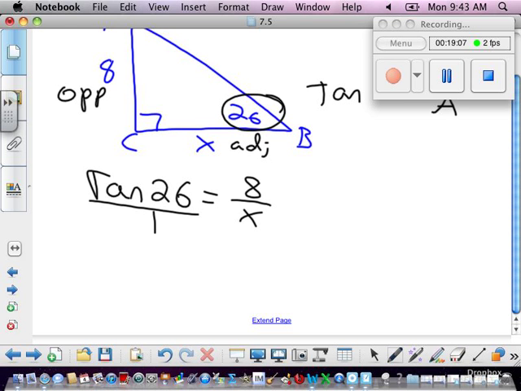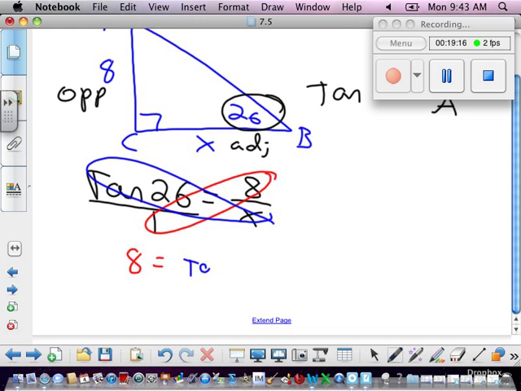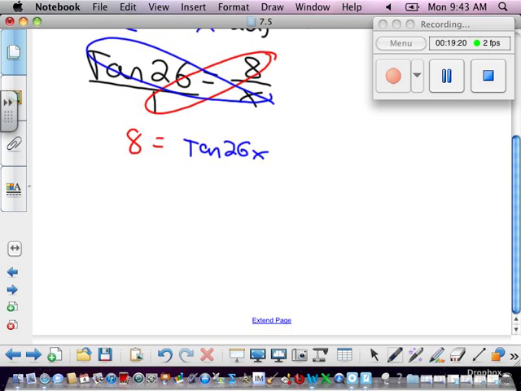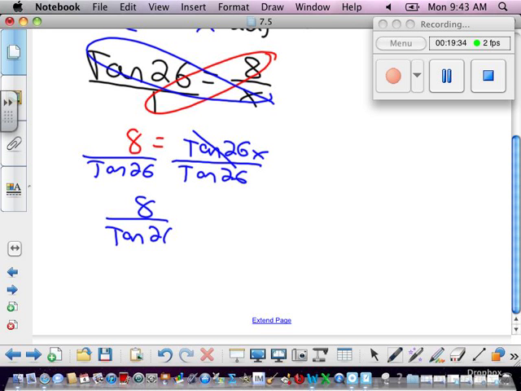What's 1 times 8? 8 equals x times tan 26. Right? But we want to get the x by itself. How do we do that? Divide. These cancel, and I'm left with 8 over tan 26 equals x.